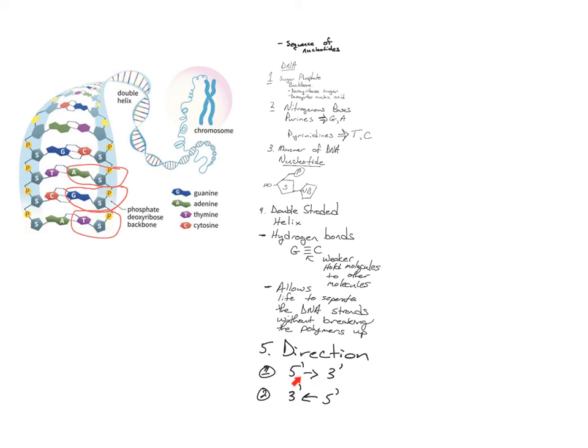So this strand is going to match this strand. 5' matches with 3', and 3' to 5'. You don't see it here, but you saw it in the previous slides. So we know a lot about DNA. We learned a lot about DNA in a couple of days.